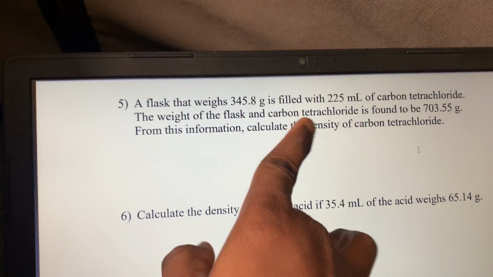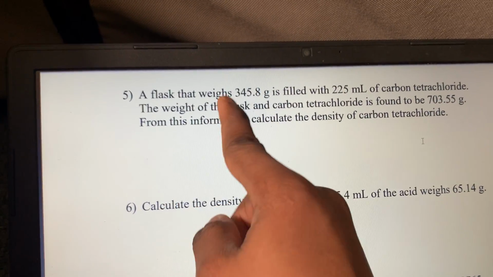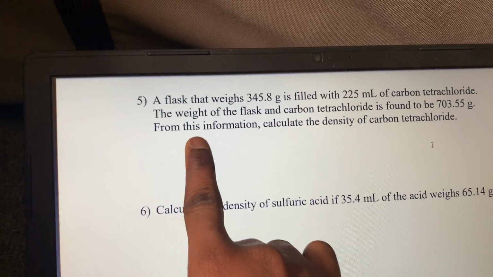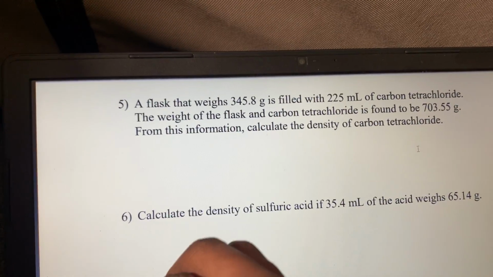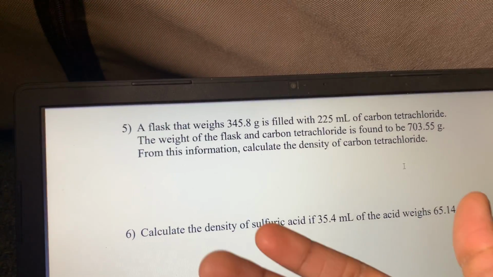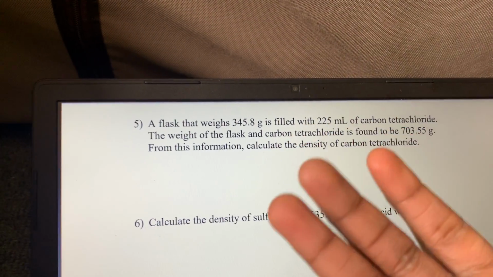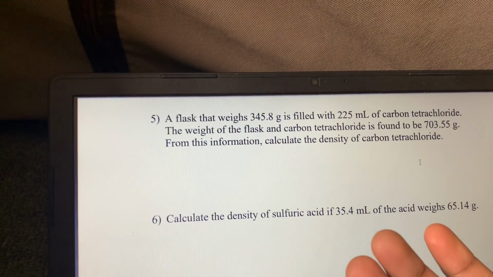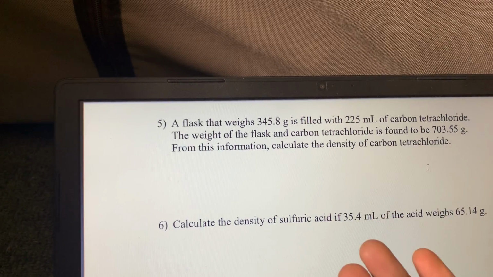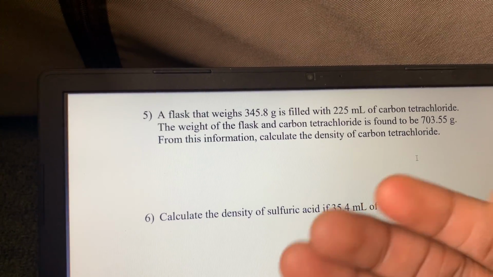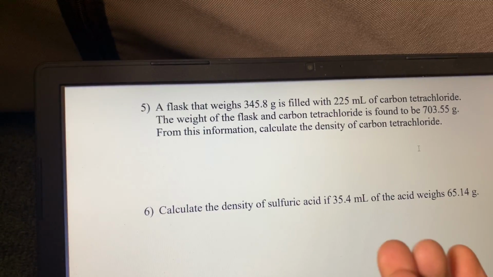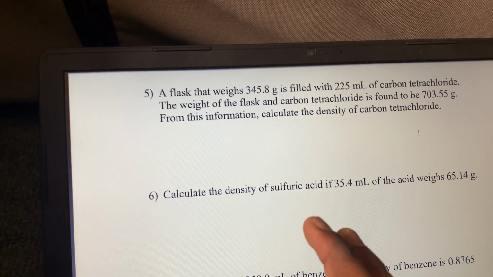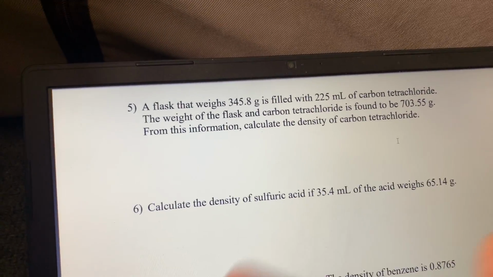Now, the empty flask is just 345.8. When they put the carbon tetrachloride inside the flask, the weight of the flask increases. Of course, when you have an empty bottle and you weigh it, it has some weight, and then when you pour water inside, the weight is going to increase because it's heavier.